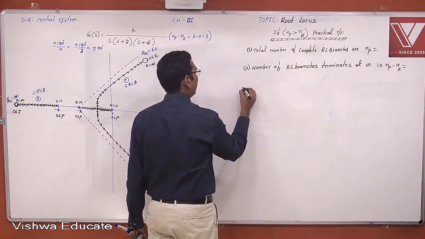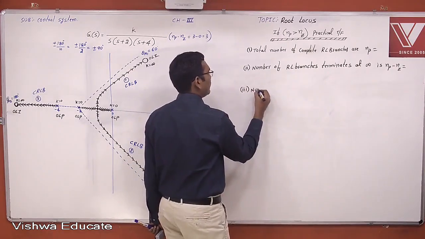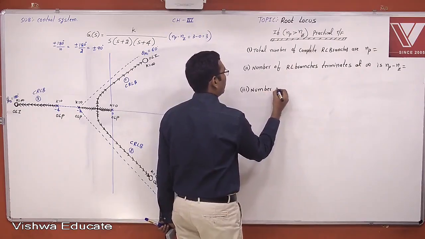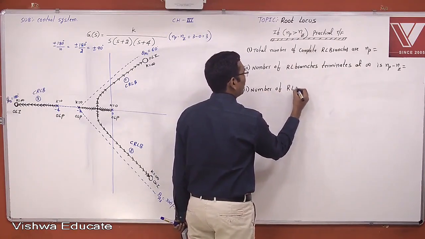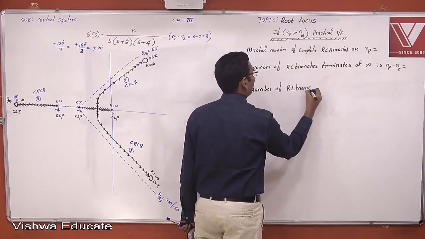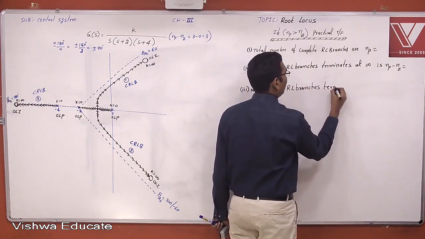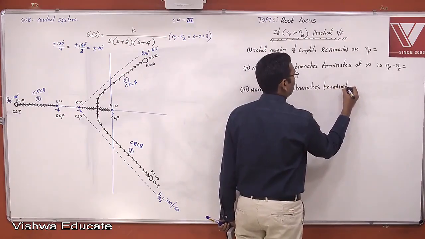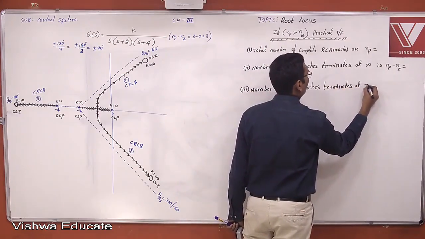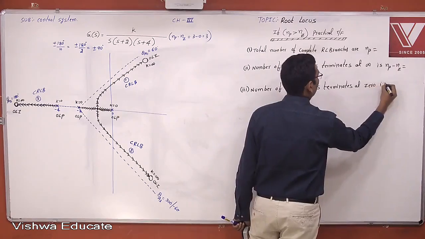And the third point is that the number of root locus branches terminating at zero is NZ.